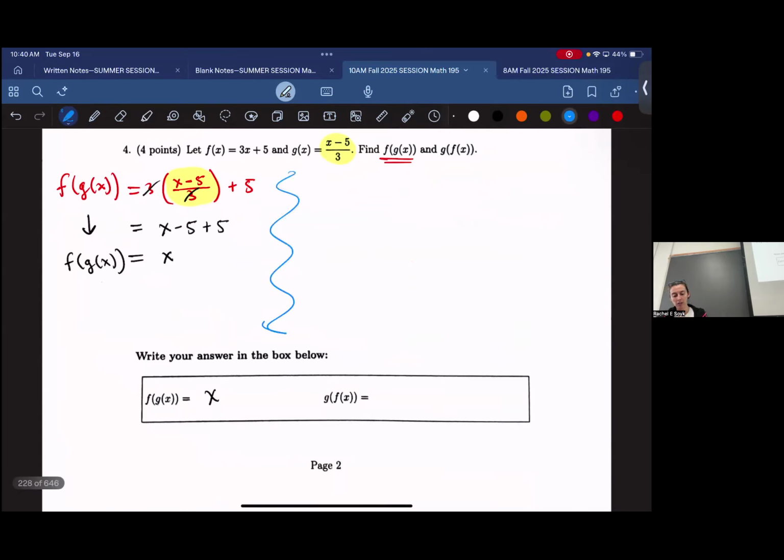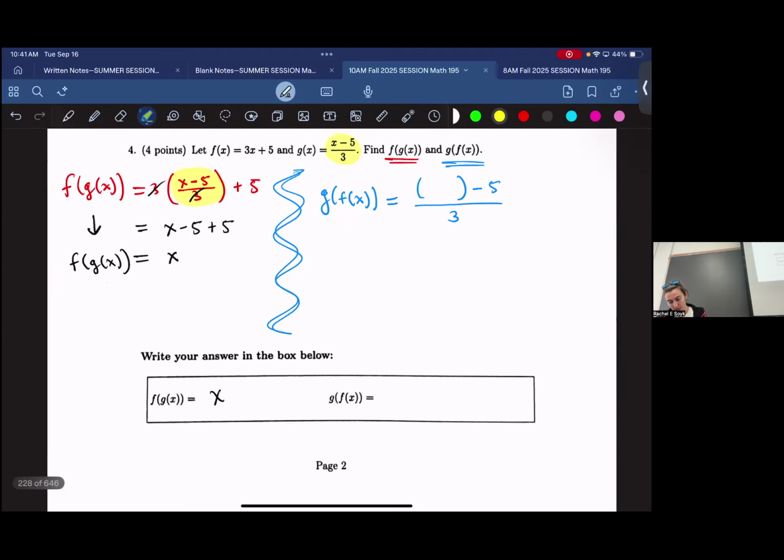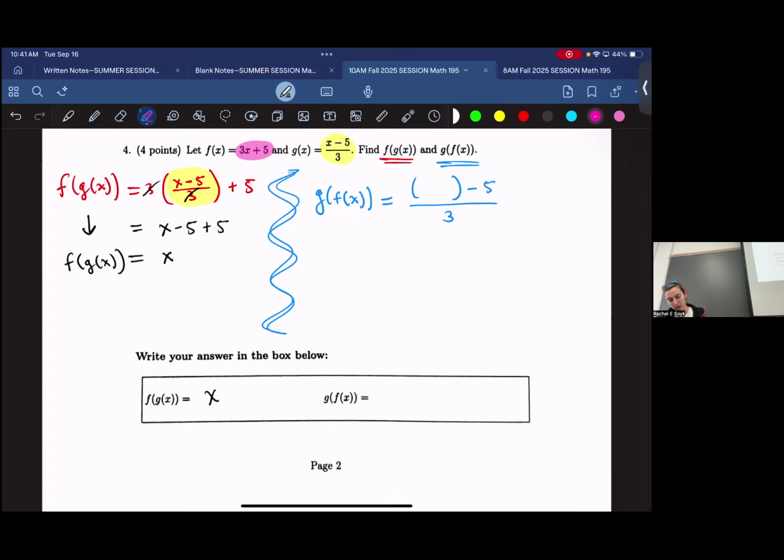And now let's do g of f of x. So wherever you see an x in g, we're going to create our parentheses. And then inside those parentheses, we're now going to fill that with our f of x function, which is 3x plus 5.